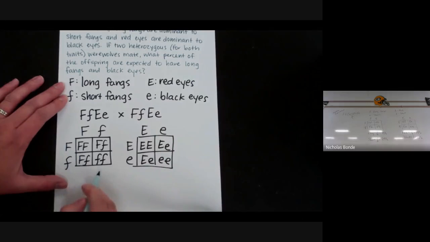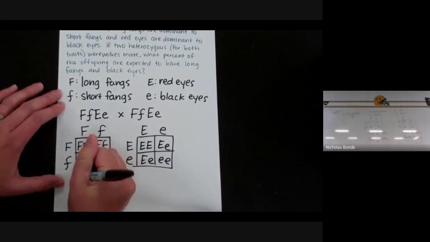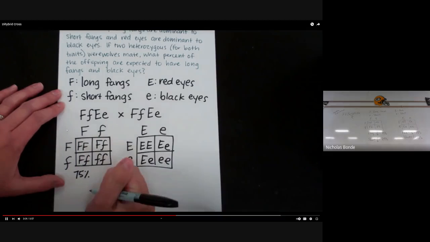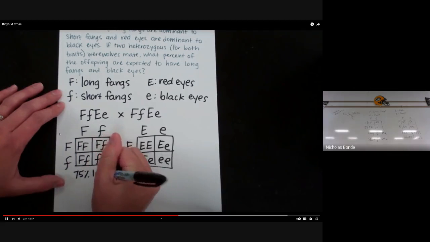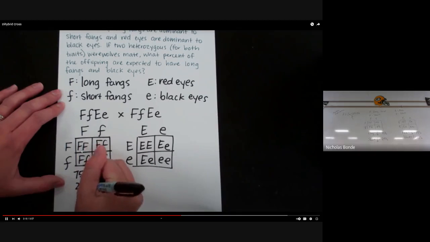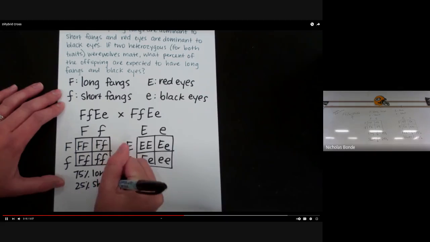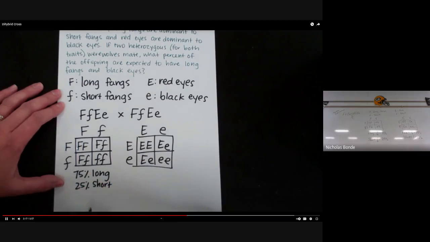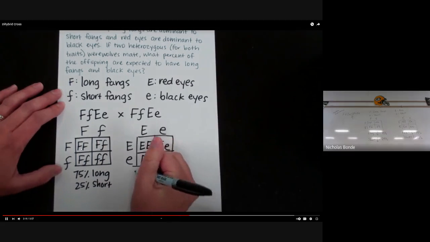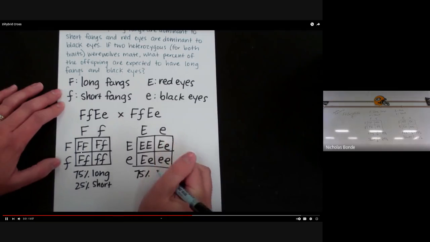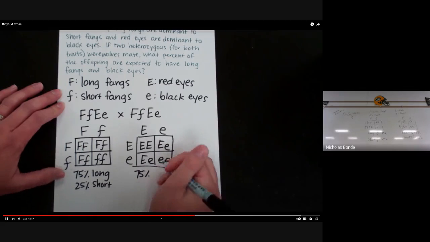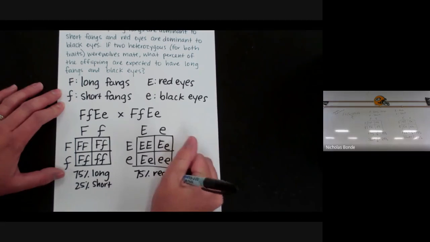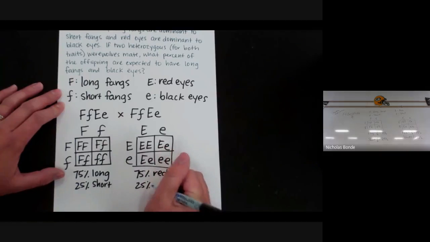So if you look at this Punnett square here, 75% of the werewolf offspring would have long fangs, and 25% would have short fangs, because only 25% are homozygous recessive. And then 75% would have red eyes, and 25% would have black eyes.